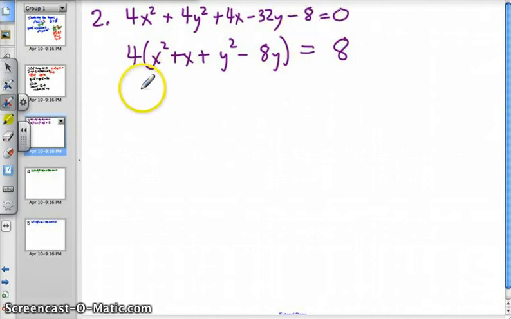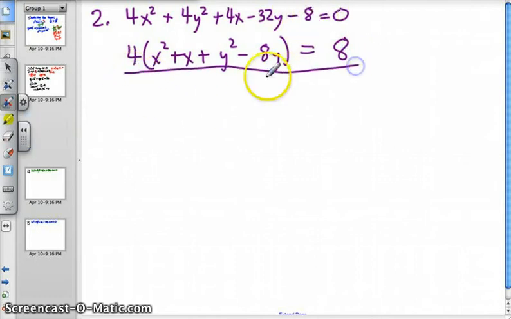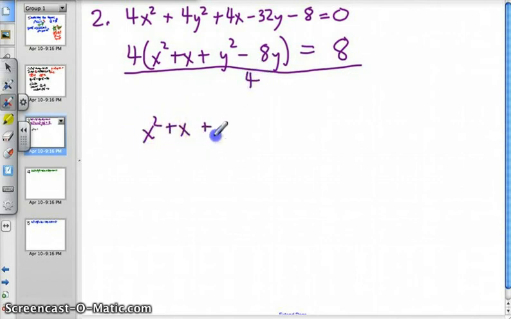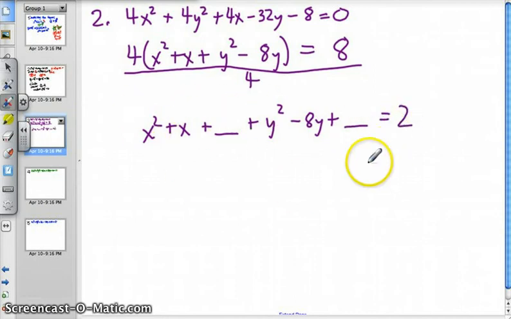And now I can divide everything by 4, and then I'll have x squared plus x plus y squared minus 8y, and that's all equal to 2 now. And now it's in a form that I can actually complete the square since both of these coefficients are equal to 1. So I'll do the same thing I did last time.